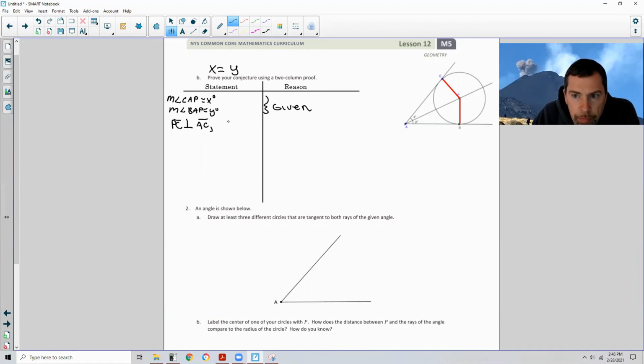And PB is perpendicular to AB. Okay? And the reason is tangents are perpendicular to radii at points of tangency.